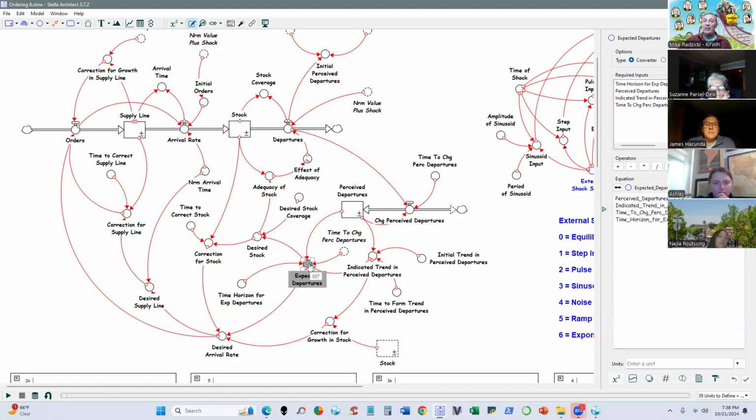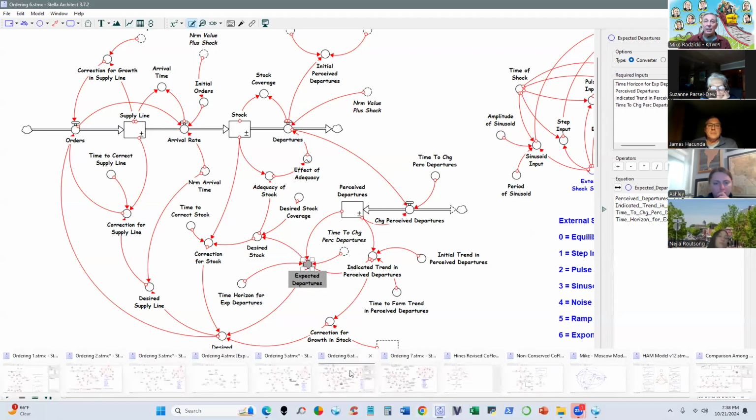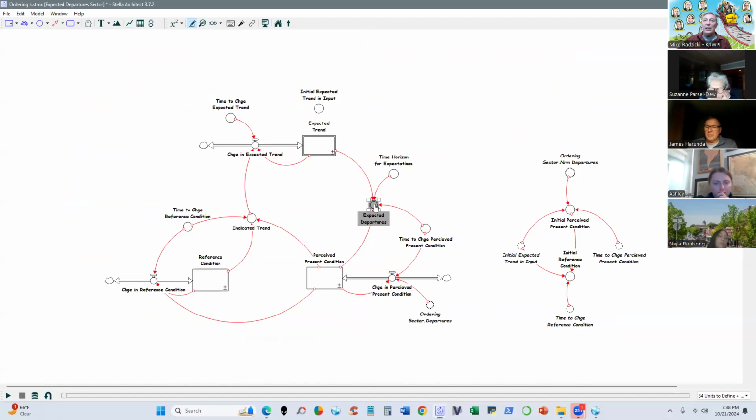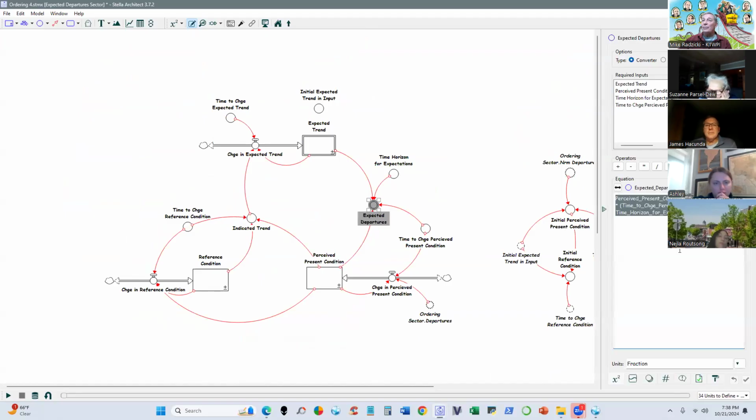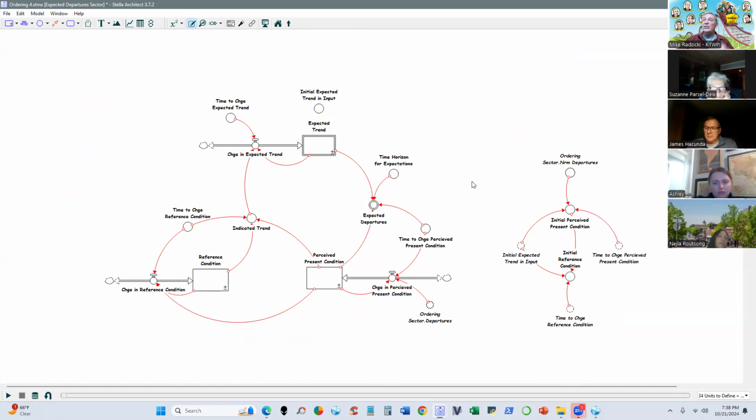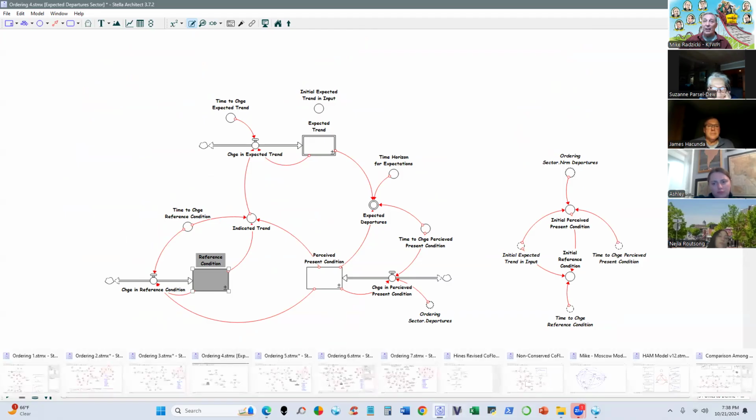And this expectations equation is like this one here, except the trend here, the expected trend, is instead coming from the trend function. So you don't have this stock, you get rid of two stocks by simplifying, using the simplified structure.